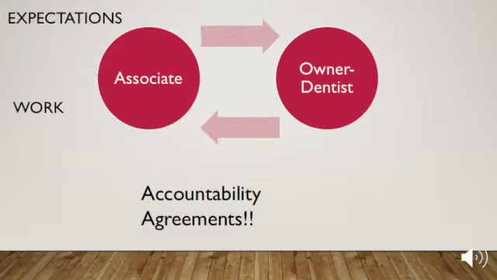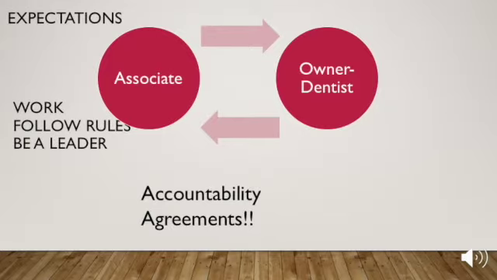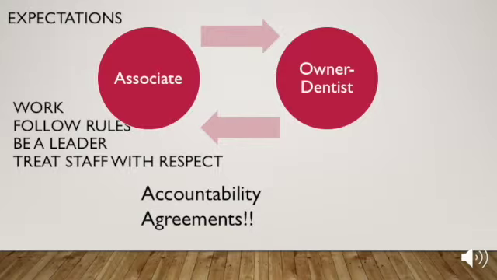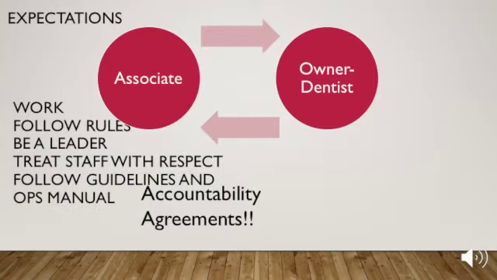So one of them, us owner dentists require the associate to work. We require them to follow the rules. We expect them to be a leader. We expect them to follow guidelines and treat staff with respect. And they should follow the operations manual.